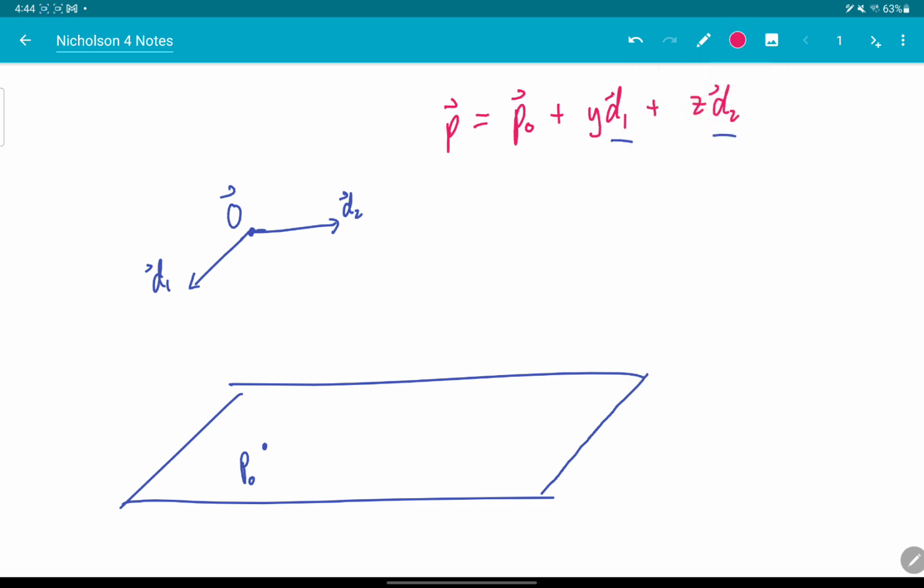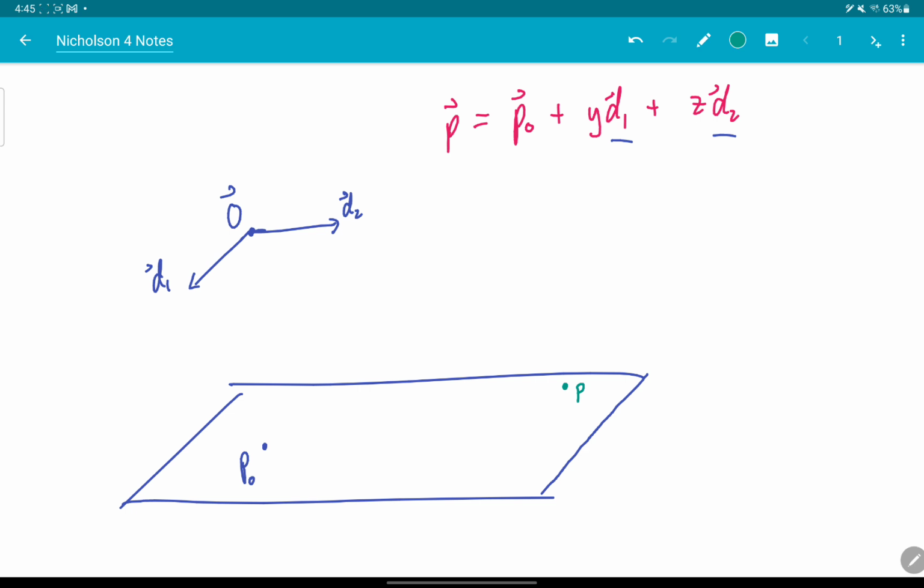Now to make sense of this equation up here, you can just say, well, if I choose a point p at random here on the plane, how can I get there?